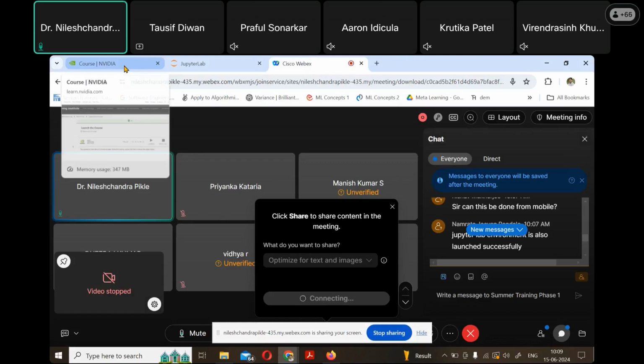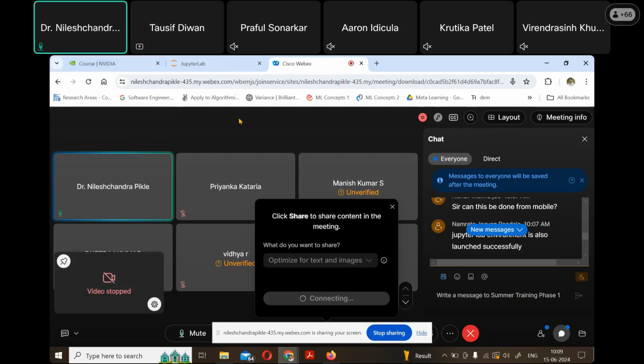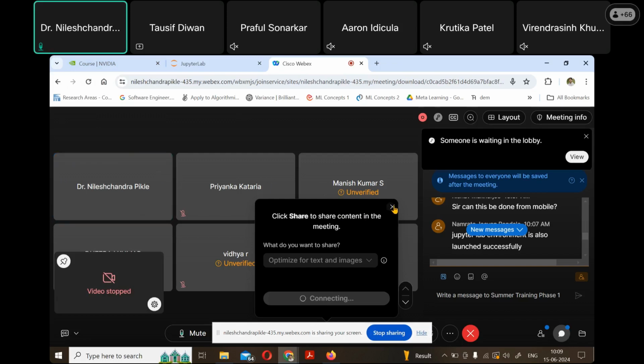Rishabh Mukherjee, you can enroll to the course from mobile, but you cannot launch the cloud instance and work on the course from a mobile phone. So you have to use a laptop or desktop in order to complete the assignment and everything. Just enrollment is possible through mobile phone.